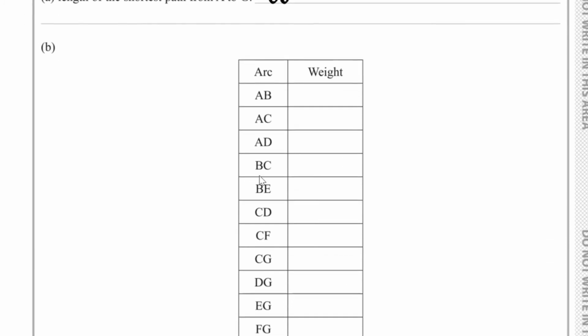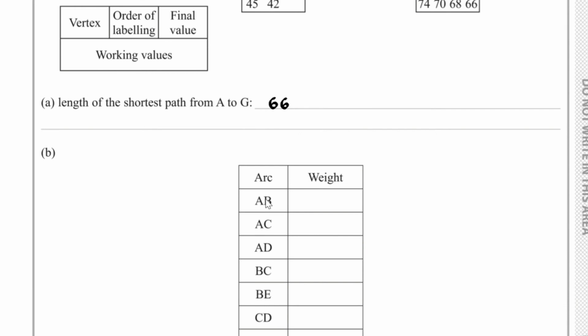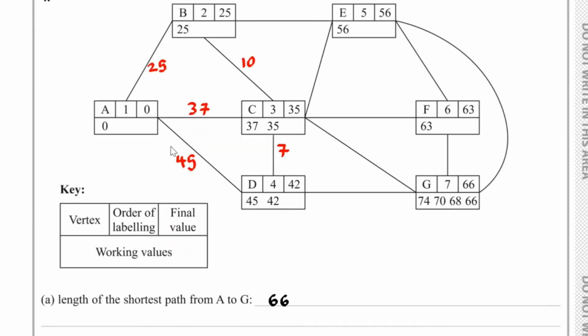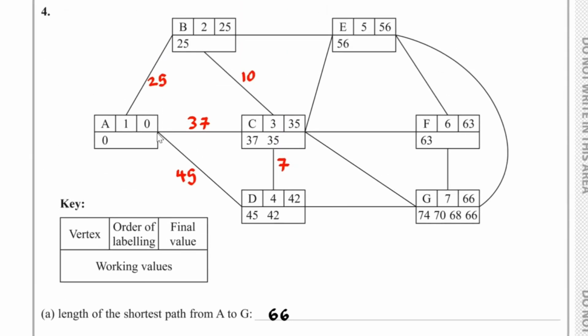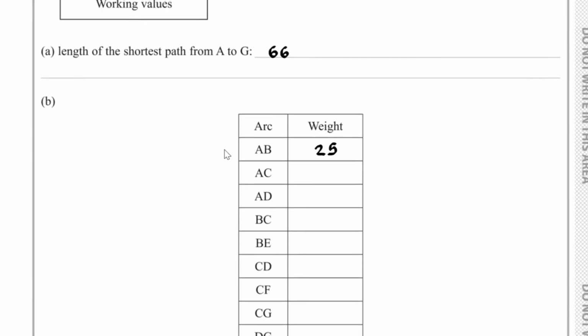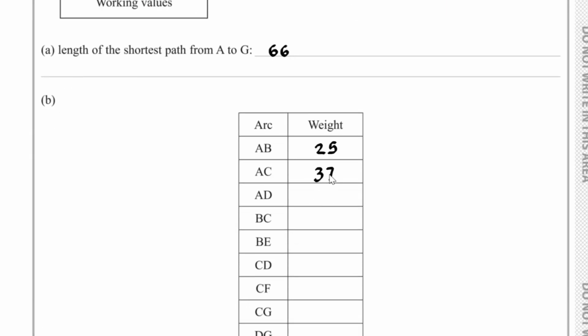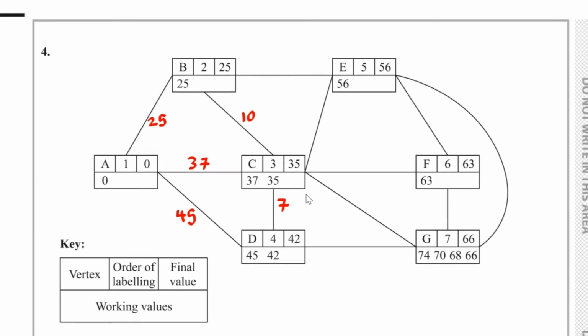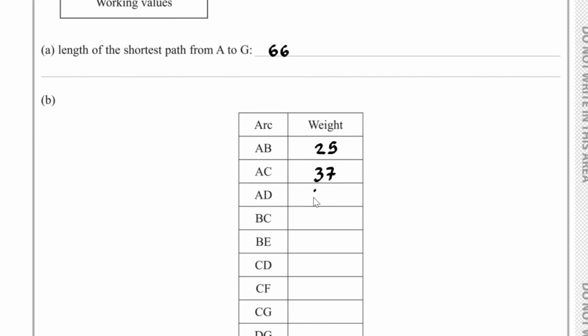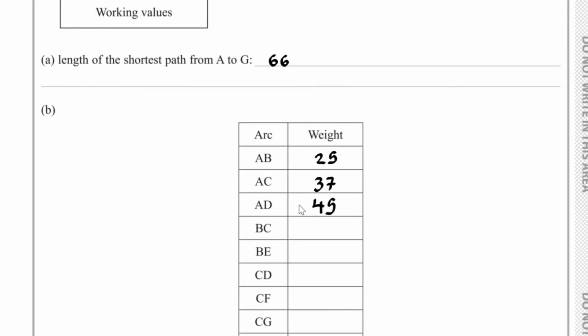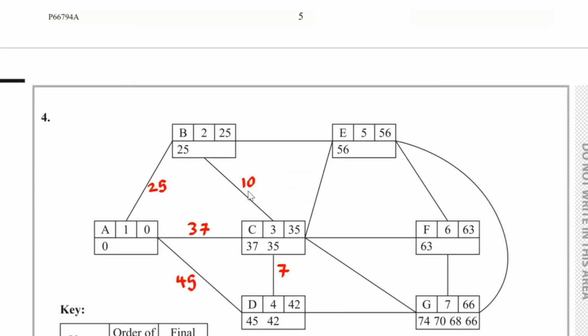Well, what we'll do is we'll add in the arcs as we're going along. So AB, that's going to be 25. A to C, that's going to be 37. Then AD, so from A to D, that's 45. Then BC, going from B to C, that's 10, we discussed that.